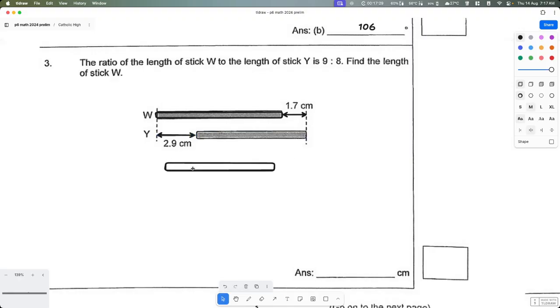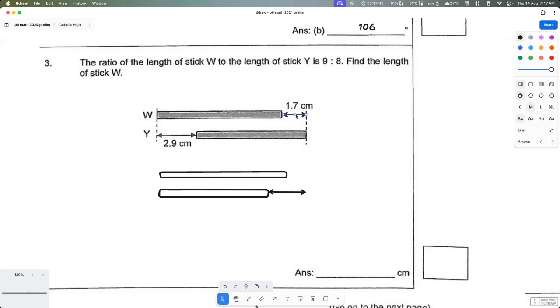If I rearrange them like this, the difference is here. This is just another way to create a difference. So this is W, and this is Y, and W and Y together are 2.9 centimeters.